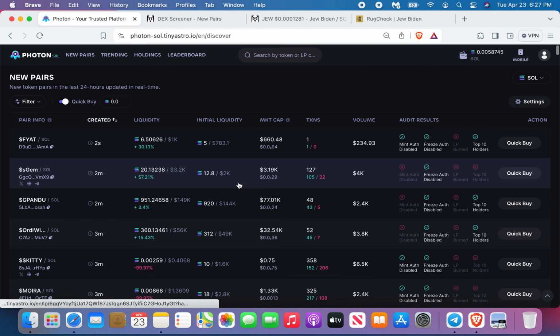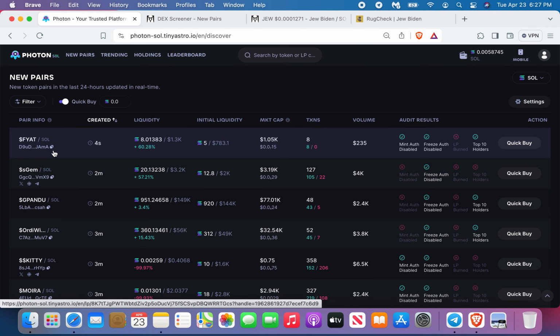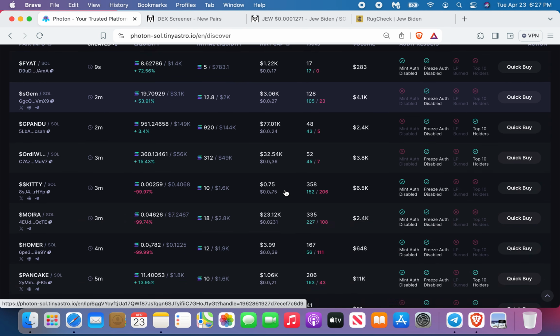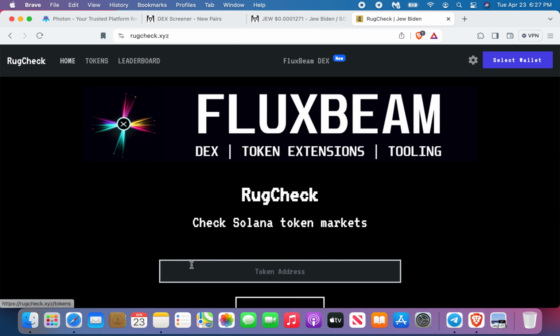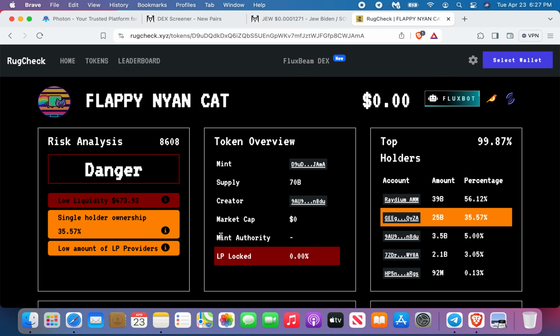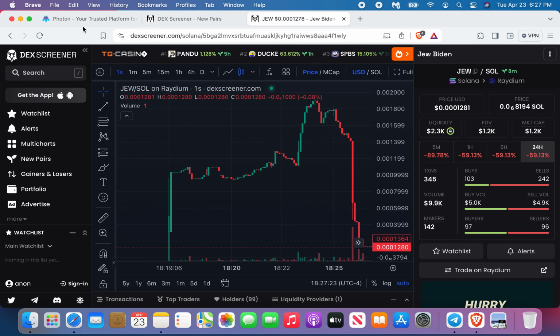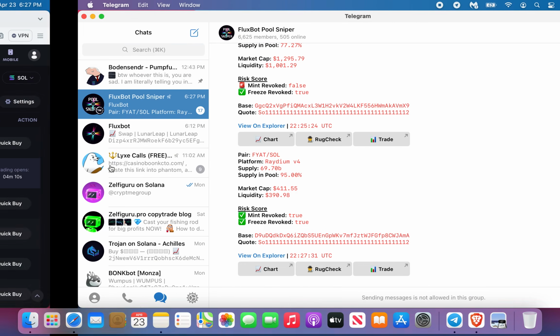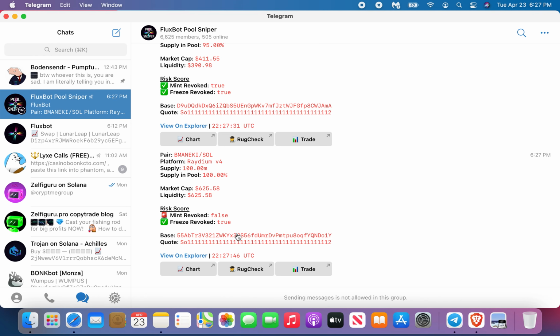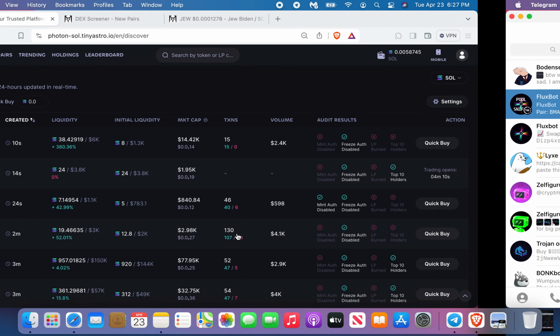Okay, so we have a new coin called Fiat. It's 3 out of 4. Okay, well, just for a second it was. Let's go check it out. Danger. There's also a bot that you can use called Flexpool, and it's literally doing what the site is doing.